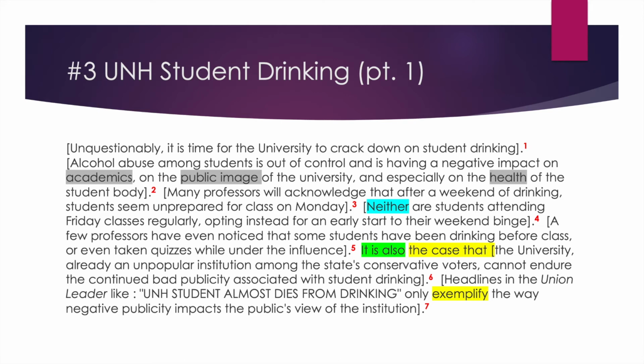But also notice in assertion number 2, that long sentence, there are actually 3 different ideas introduced here, which give us a clue, kind of a preview, if you will, of how the overall argument is going to be structured. We see that there's going to be an academic-related argument, an argument related to public relations or the public image of the university, and then a line of argument related to the health of the student body.